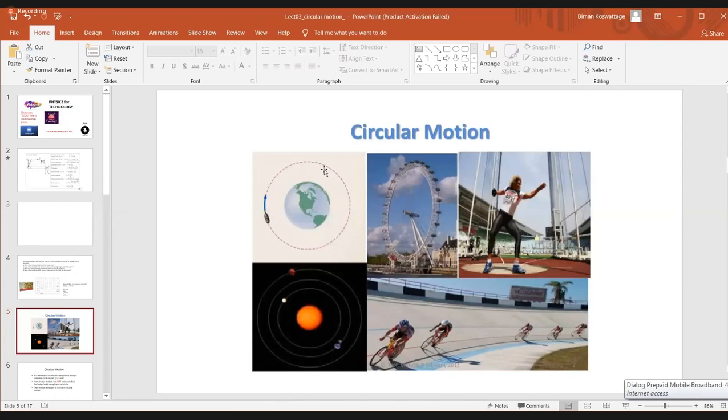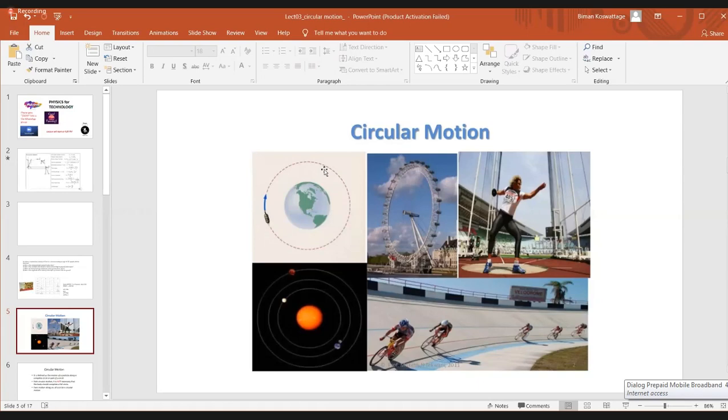Examples of circular motion include an artificial satellite orbiting the Earth at constant height, the blades of a ceiling fan rotating, or a stone tied to a string and swung around, so the stone is moving in a circular path.